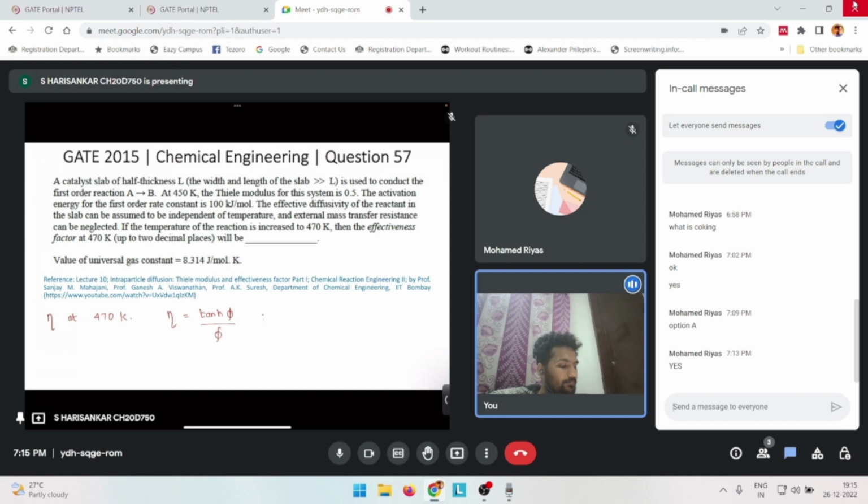And this phi is basically the Thiele modulus, which is equal to L into root of k by De. And since the effectiveness factor needs to be found at 470 Kelvin, you need to find the Thiele modulus at 470 Kelvin. Or in other words, this k, the reaction rate constant, is also at 470 Kelvin.